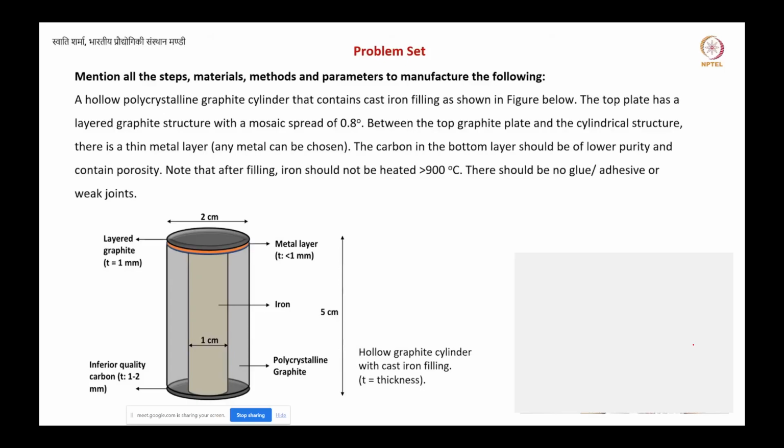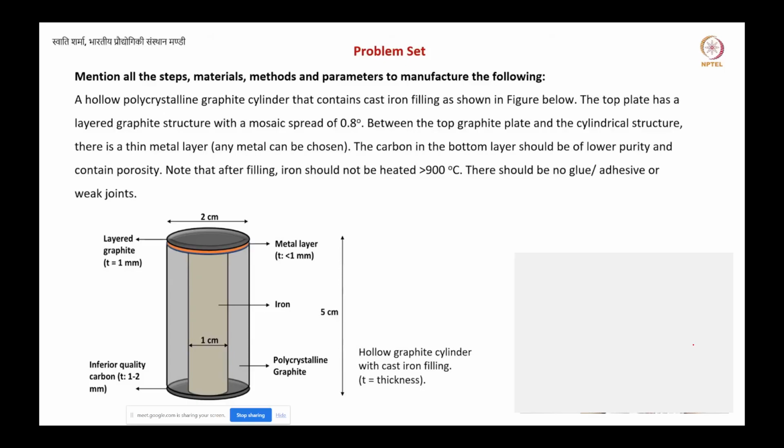Between the top graphite plate and the cylindrical structure there is a thin metal layer. The carbon in the bottom layer should be of lower purity and contain porosity. Note that after filling, iron should not be heated more than 900 degrees centigrade. There should be no glue, adhesive or weak joints.